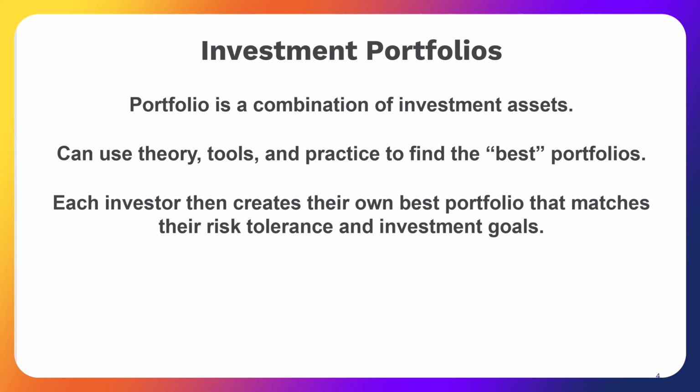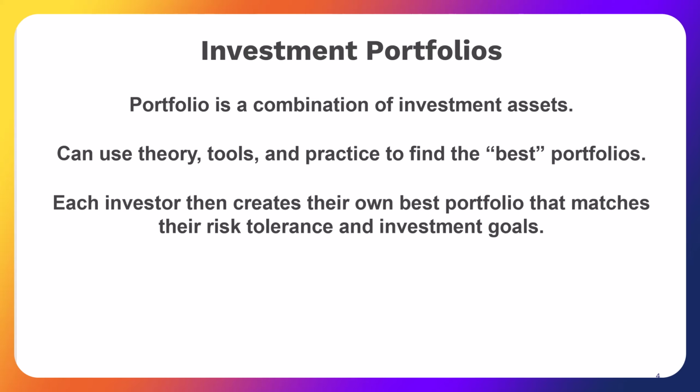So an investment portfolio is a collection of assets like stocks, bonds, or real estate. The idea is to balance risk and return by diversifying. For example, a 60-40 portfolio, 60% stocks, 40% bonds, is a common mix for moderate risk investors.